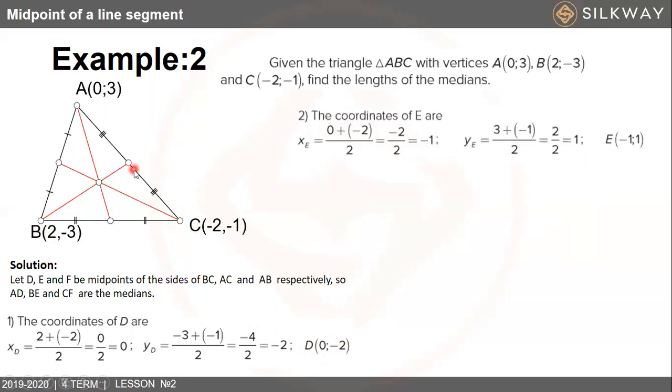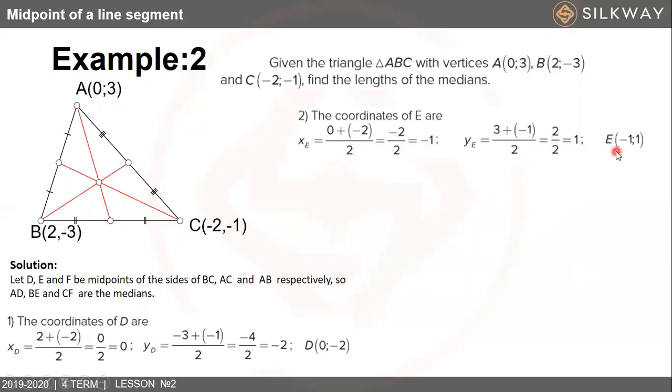Also, the point E. It's about point A and point C. We use these points: 0 plus -2 divided by 2 is equal to -1. Next, 3 plus -1 divided by 2 is 1.